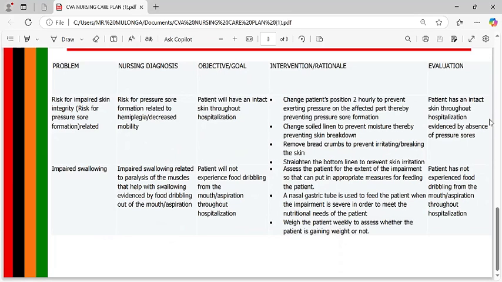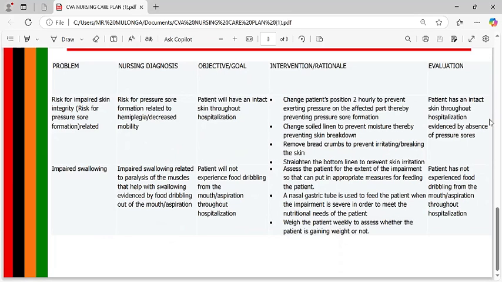From there, we're going to look at the interventions. So number one, the intervention is I will assess the patient for the extent of impairment so that I can put in appropriate measures for feeding the patients.